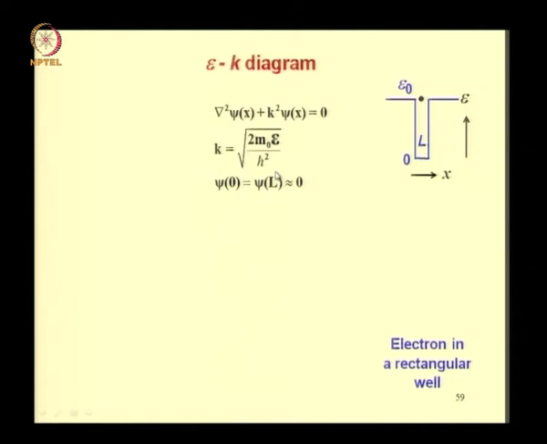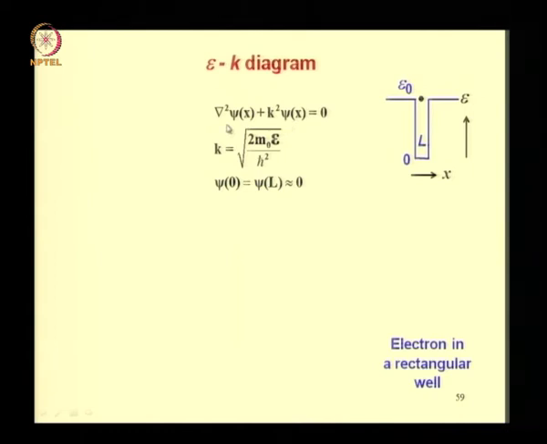Now how will you find the allowed energy levels? You will solve the Schrödinger's equation. So Schrödinger's equation comes out in this form, because the potential energy U is 0.